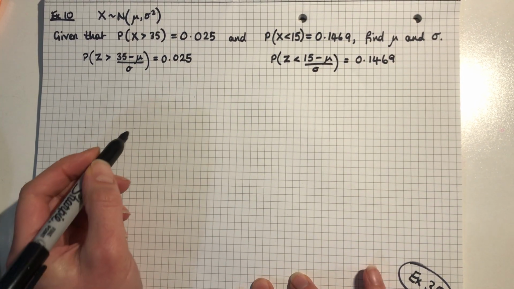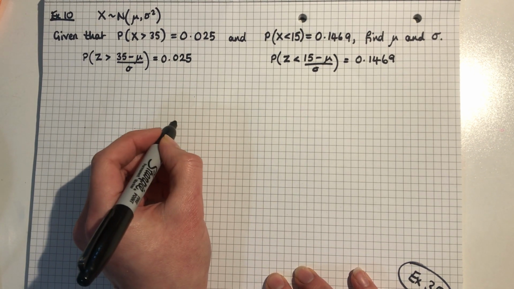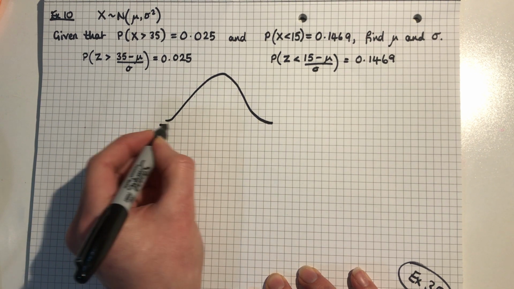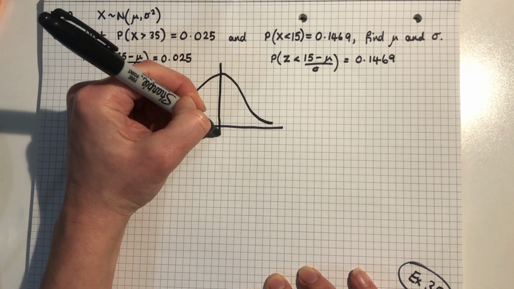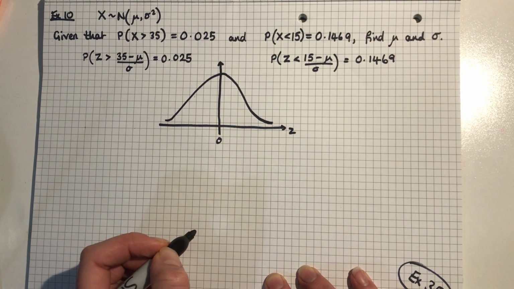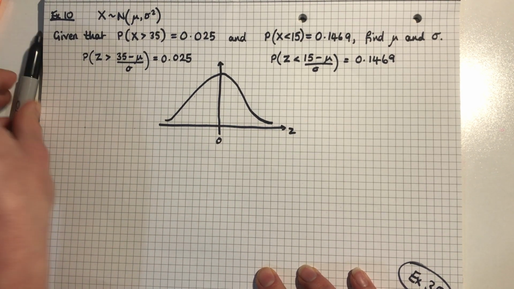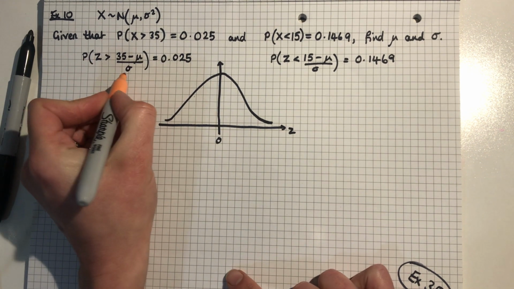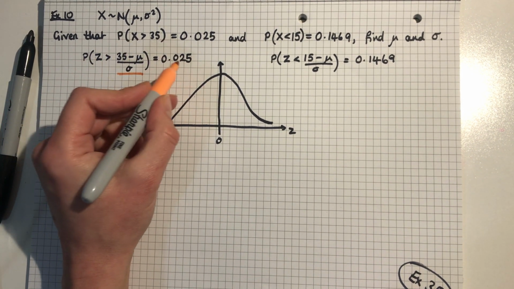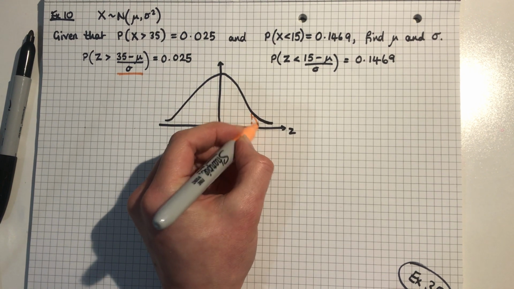So what's going on here then? Let's do our sketch next, because that always comes next. There's my standard normal distribution, and because it's the standard one, we know we're going through 0. So we have z on this axis here. Now let's work out where both of these points are located. This one, the probability of being greater than it is 0.025, so it's a pretty small chance. So that's up here, isn't it?